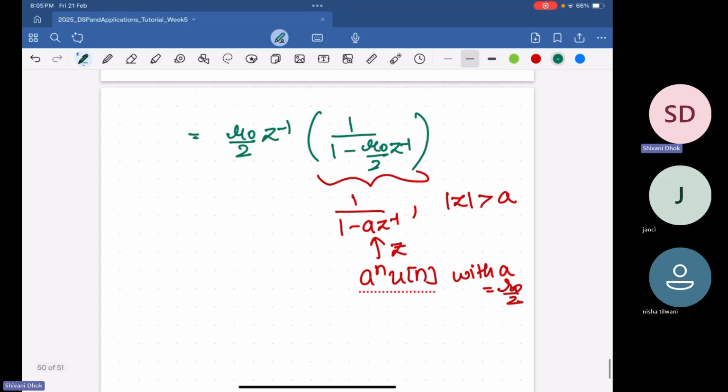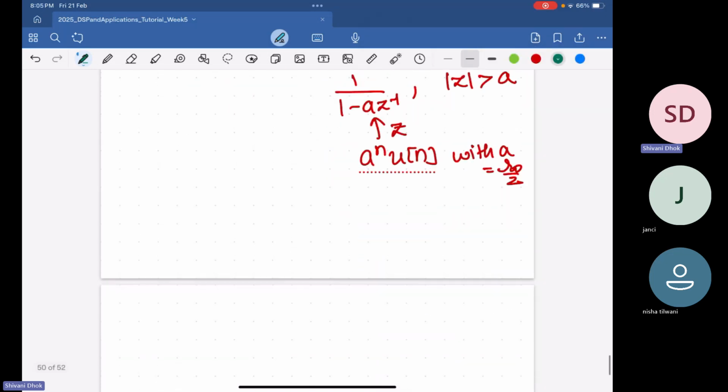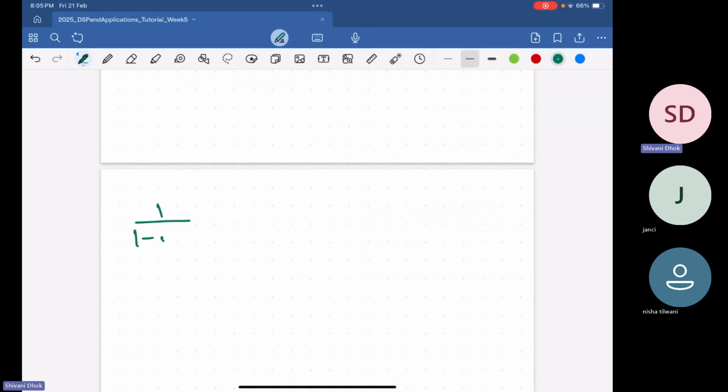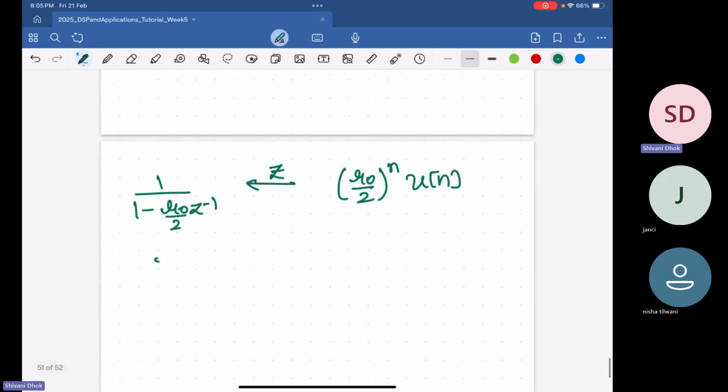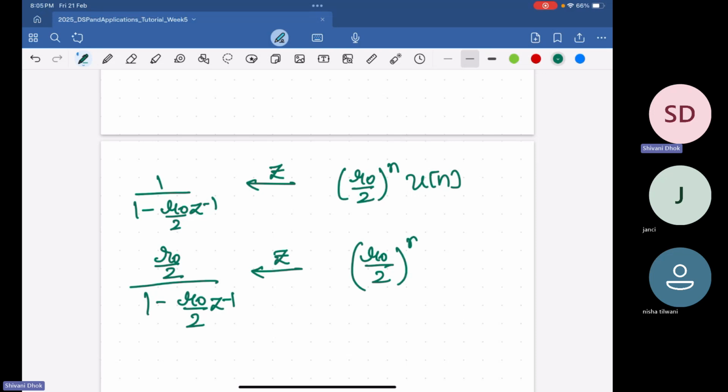So therefore, 1 upon 1 minus r naught by 2 z inverse has an inverse z transform of r naught by 2 to the power n into u of n. Now if I multiply it by r naught by 2, then I'll get simply r naught by 2 to the power n plus 1 into u of n.